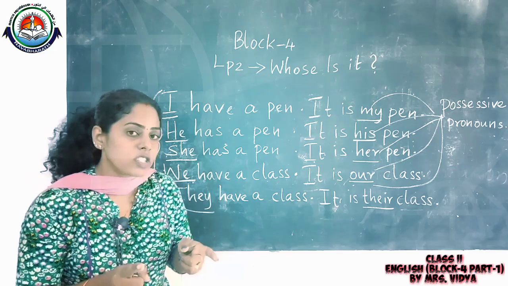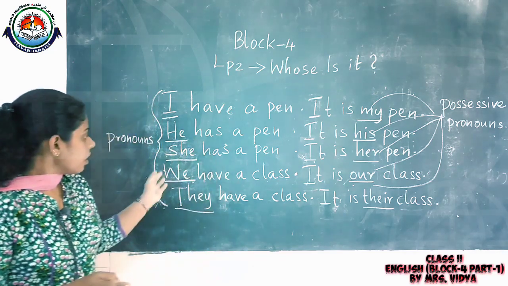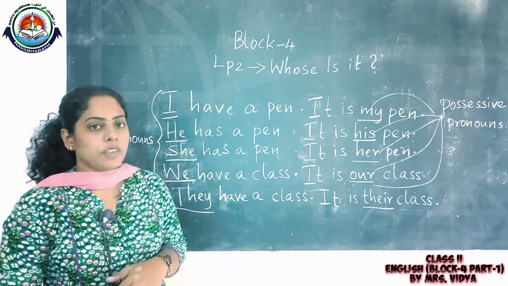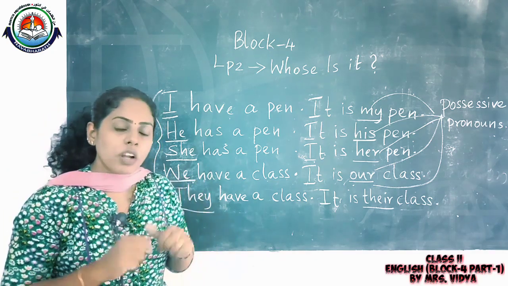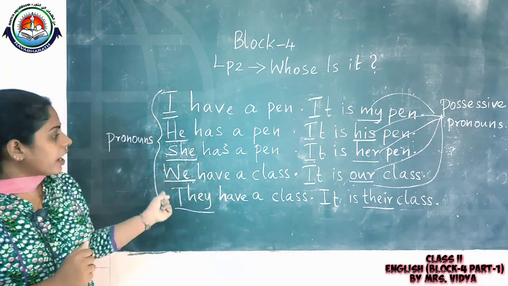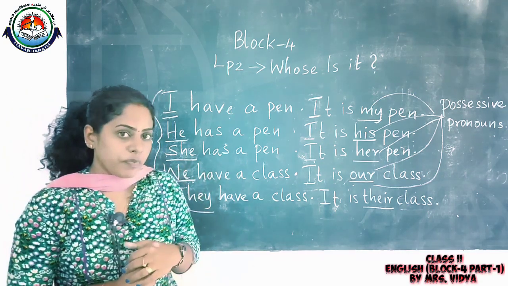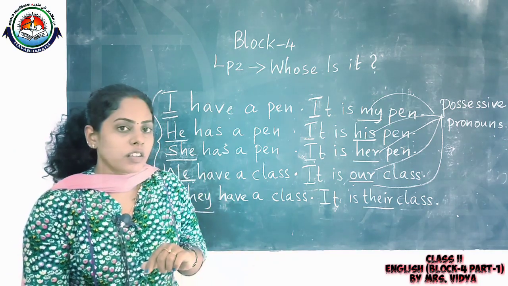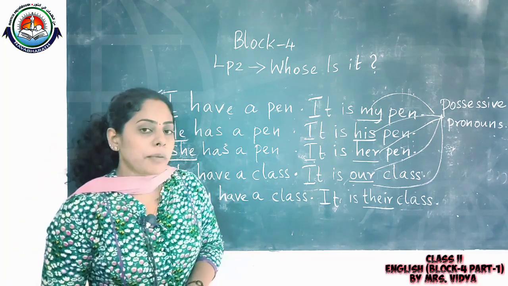That is her bottle. Okay. We means all together. We have a diary. It is our diary. Next one, they, their. They have the books. That is their books. Okay, did you understand, my dear children?